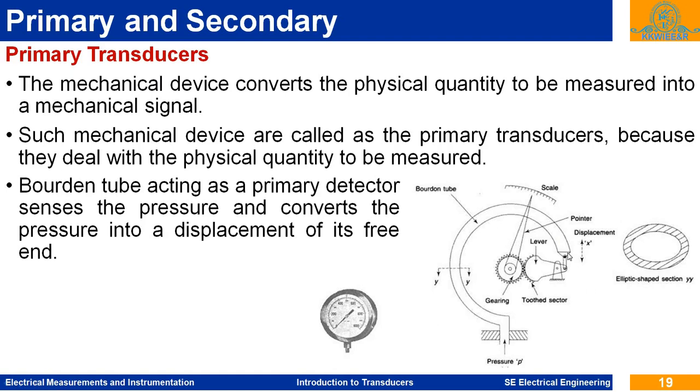By means of a mechanical arrangement, we measure the physical quantity. That arrangement is called a primary transducer. This is used for the measurement of pressure. They can be used for the measurement of displacement.